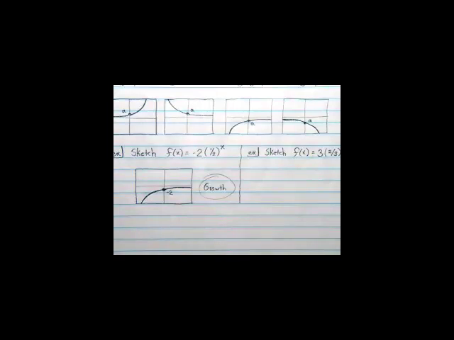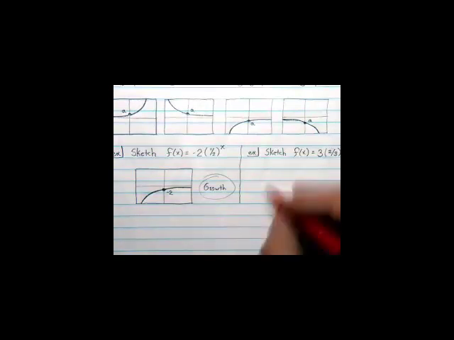Added a constant on the end, this +1. So what's that going to do to my graph? It moves the y-intercept which direction, up or down? Up 1. So what I would do is start with just sketching the thing before you do the +1 on the end of it. You know what it should look like, and then you can just scoot the whole thing up 1 unit, and you got it.